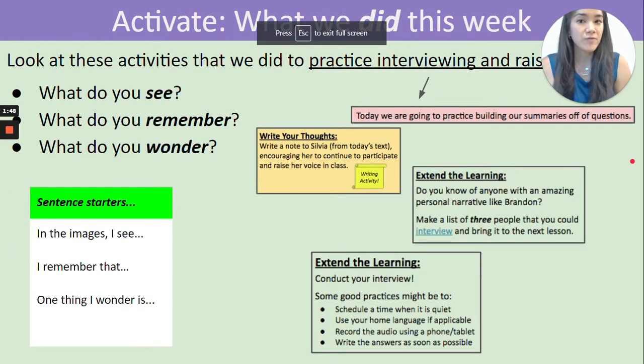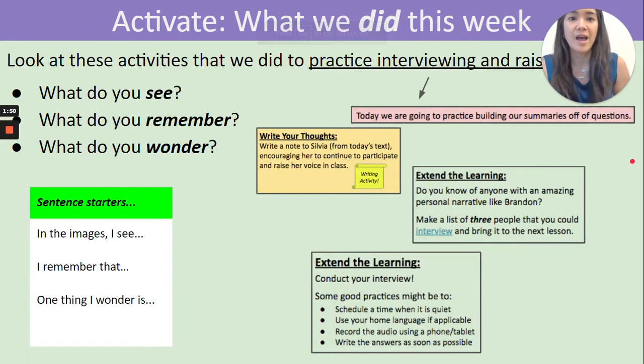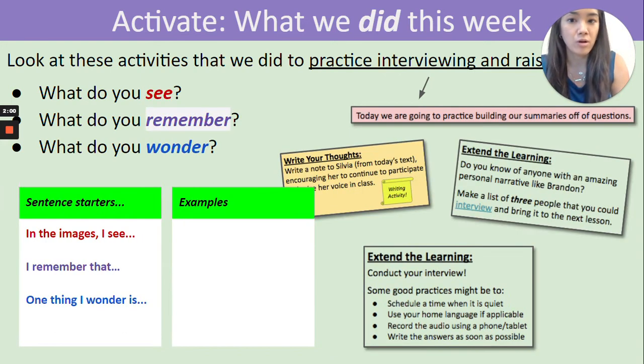After the review slide, you're going to have the activate slide, and this reminds students of what they did in sessions 1 through 4. As you might recall, one of the supports we've included has been examples for students, so you could modify to include some examples of how they might respond to the see, remember, and wonder prompts.